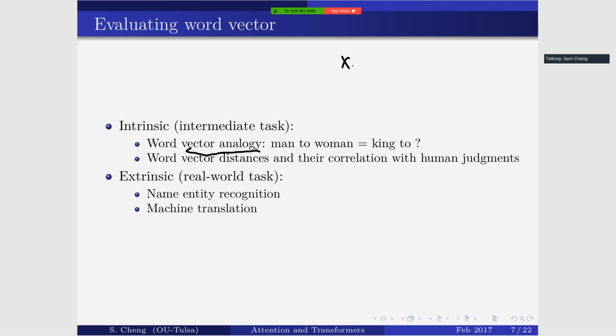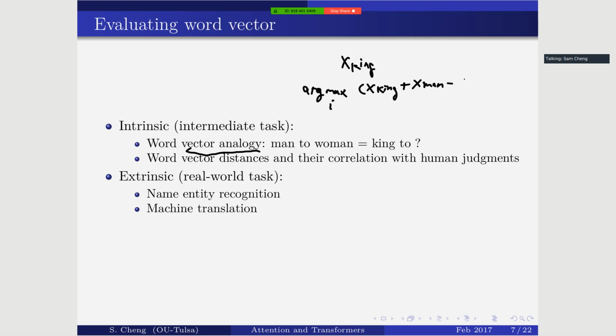For example, I have x_king, a word vector. What I'm going to do is look for the word that maximizes the inner product between x_king plus x_man. Oh, wait a sec.